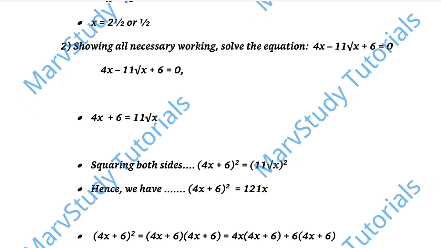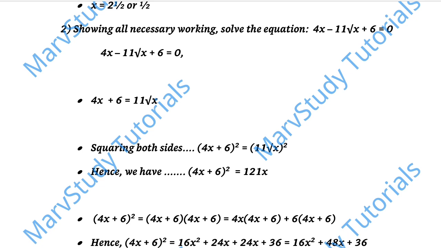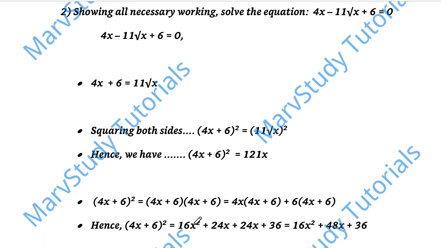So then, first of all, we expand (4x + 6) all squared. (4x + 6) all squared is the same as (4x + 6) times (4x + 6). So 4x times (4x + 6) plus 6 times (4x + 6) is how to expand it. So 4x times 4x is going to give us 16x squared.